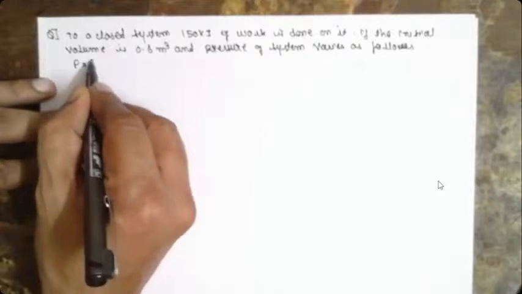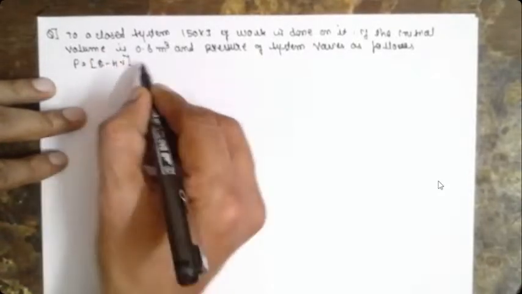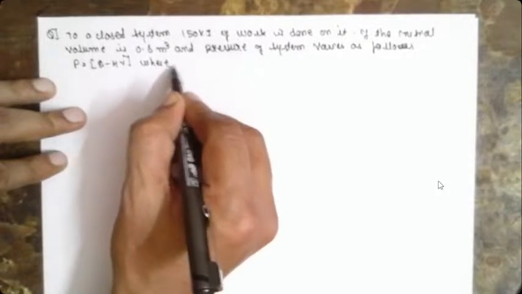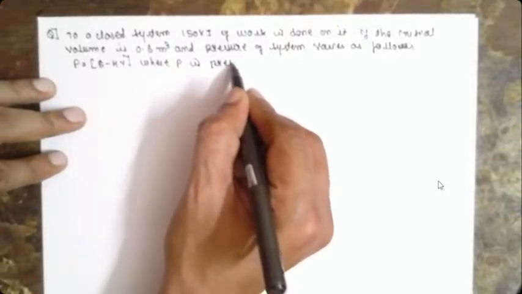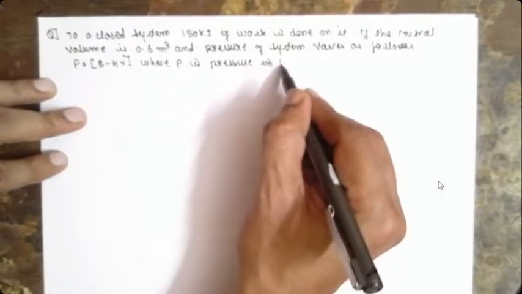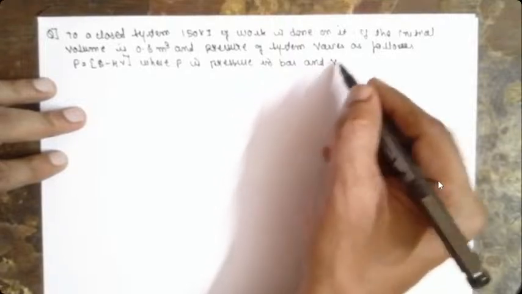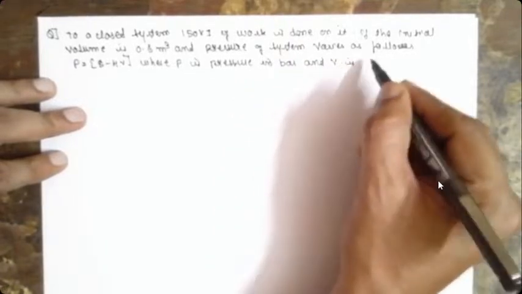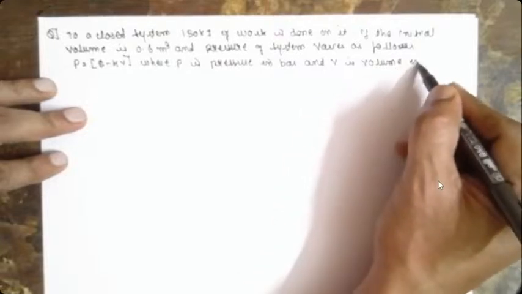P is equal to 8 minus 4V, where P is pressure in bar and V is volume in meter cube.